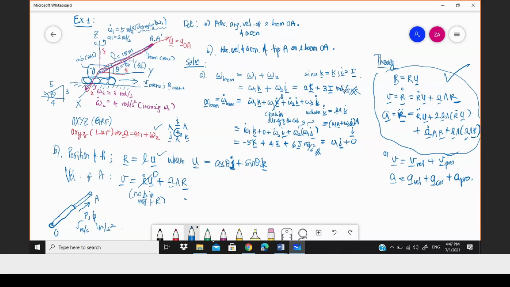So we can now just substitute this into the V equation. So what we have is just omega 1 plus omega 2, cross with L times cosine theta j plus sine theta k.